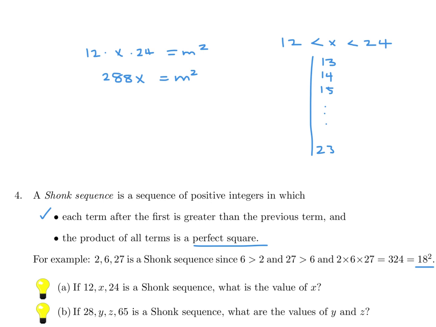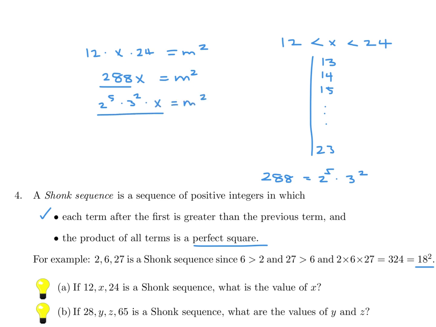So what the better way, in my opinion, is to break this up into its prime factors. So, for example, 288 is equal to 2 to the power of 5 times 3 to the power of 2. So this is 2 to the power of 5 times 3 to the power of 2 times some x, and we want it to be a perfect square.